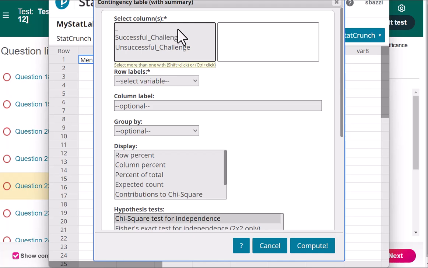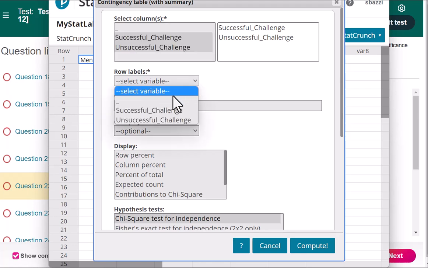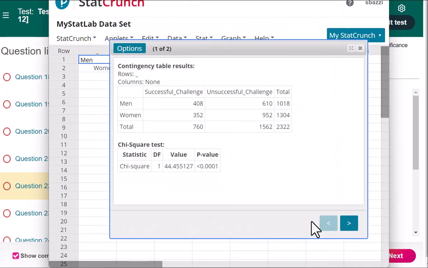Select the columns that have the data, which are successful challenge, and press down the control key. And now for the rows, select just the heading of the rows, which is men, women.